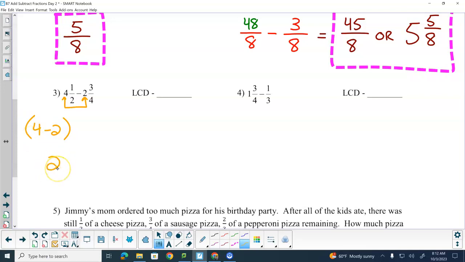Okay? Then we've still got the 1/2 minus 3/4. So the first one becomes 2 over 4. Okay. Negative 1/4.